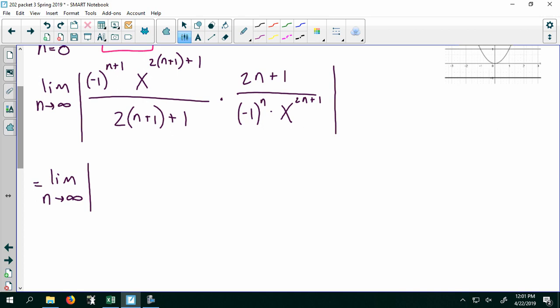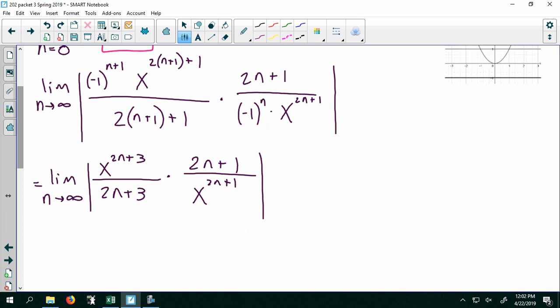Okay, so I have x^(2n+3) over 2n+3 times (2n+1) over x^(2n+1). The (2n+1) over (2n+3), nothing can be canceled there. So I'm going to leave that as (2n+1) over (2n+3).